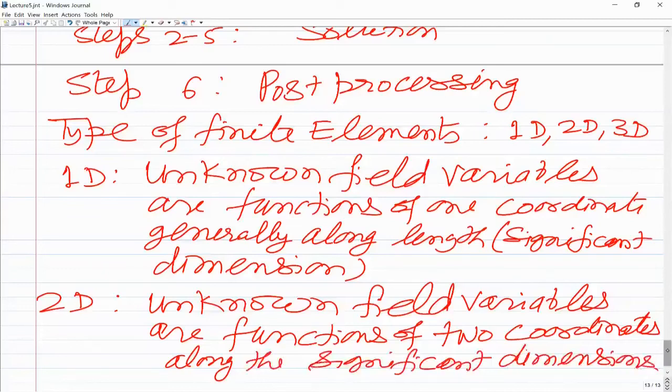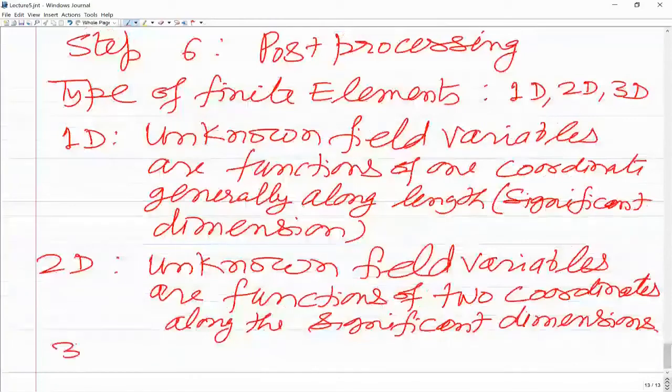And then the 3D essentially is that your unknown variables are functions of all three coordinates, so you don't know their variation along any of the coordinate directions.